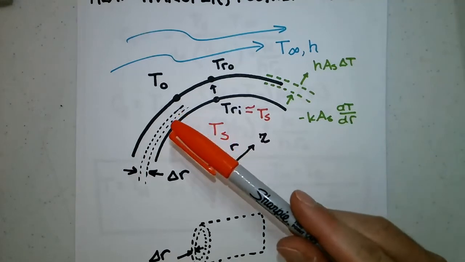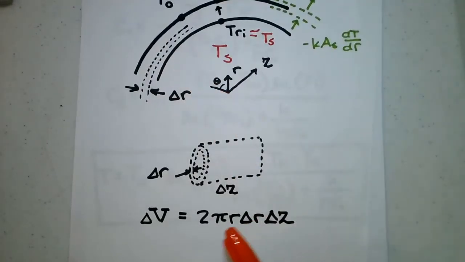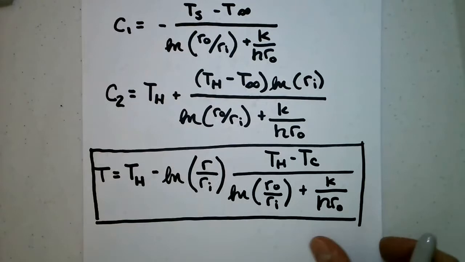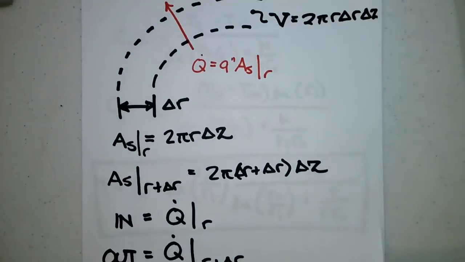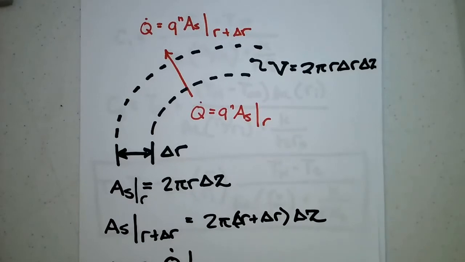The control volume we set up to analyze this was an annular control volume of volume 2 pi r delta z. We then balanced the heat flowing in and out of the control volume.